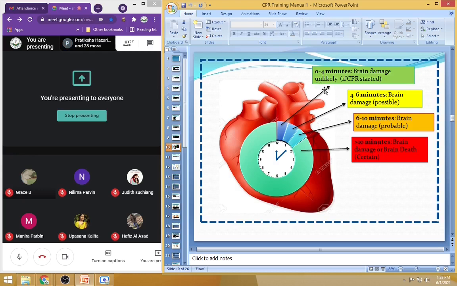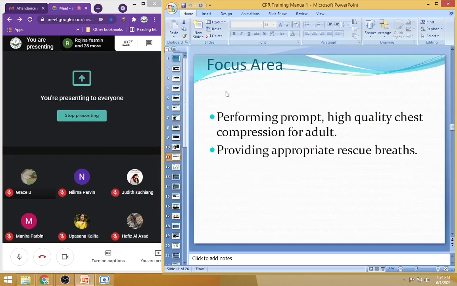So before that 4 to 6 or 4 to 10 minutes, we need to revive or provide adequate oxygen and circulation, blood supply. Because of this reason, CPR is important. Are you clear, students? Yes, ma'am. When we talk about CPR, we focus on performing prompt, high quality chest compression for adults.